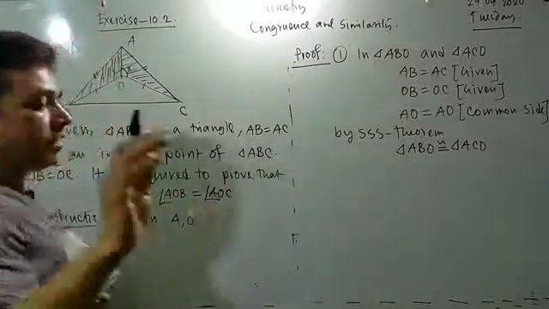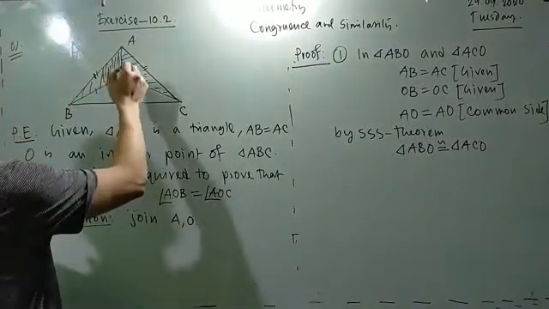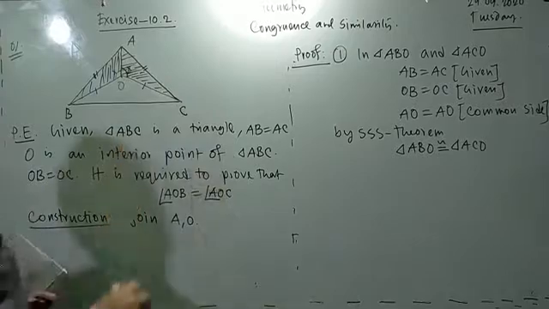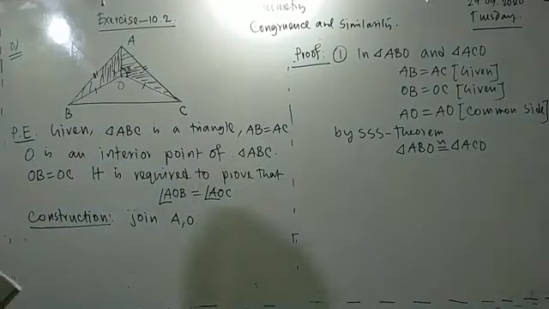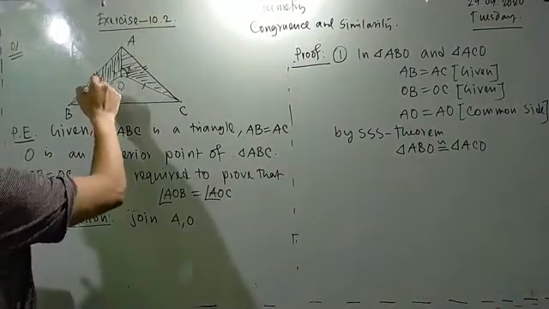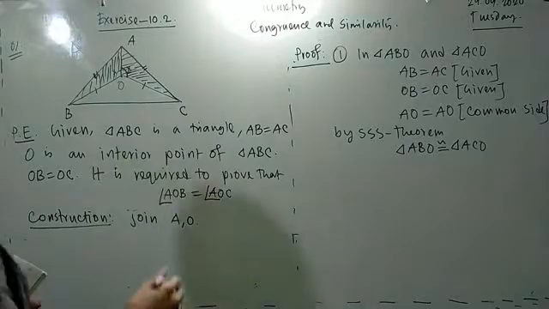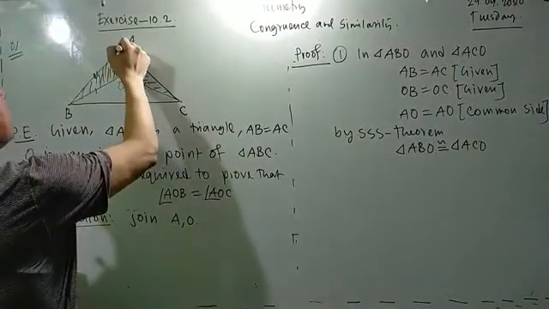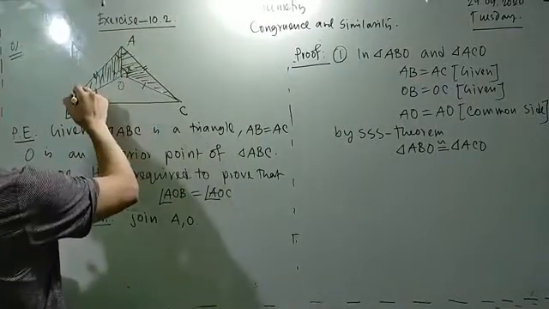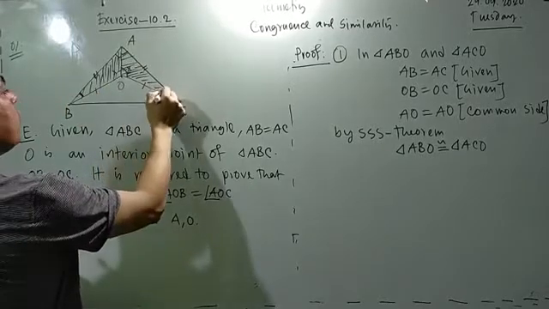If two triangles are congruent, we can say the corresponding sides and corresponding angles must be equal. So this angle must equal this angle, and this angle must equal this angle.